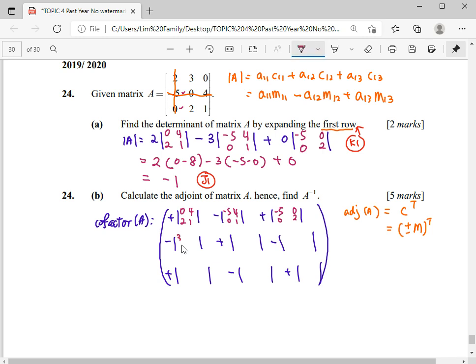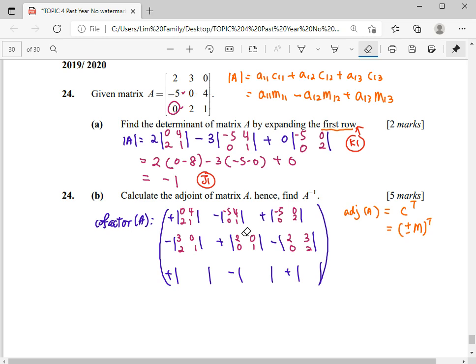I get 3, 0, 2, 1. Copy and paste 0, 1, and then 3, 2 goes to the left behind here. So this is my in, out, copy and paste. The vertical entries here are 2 and 0.